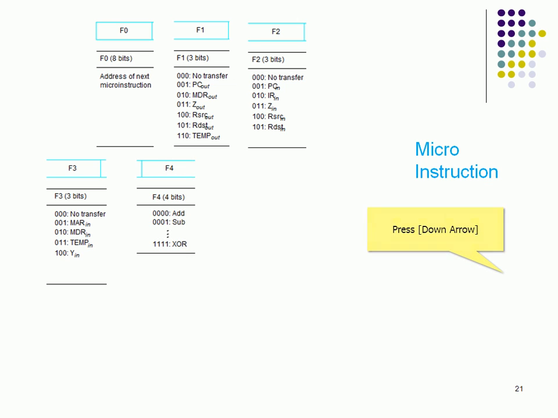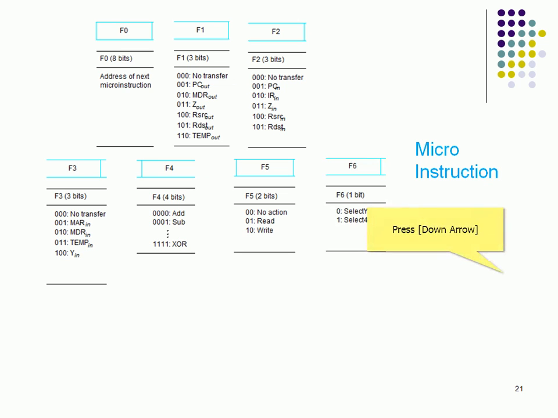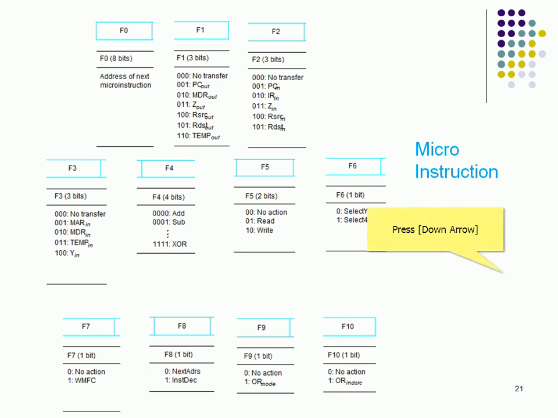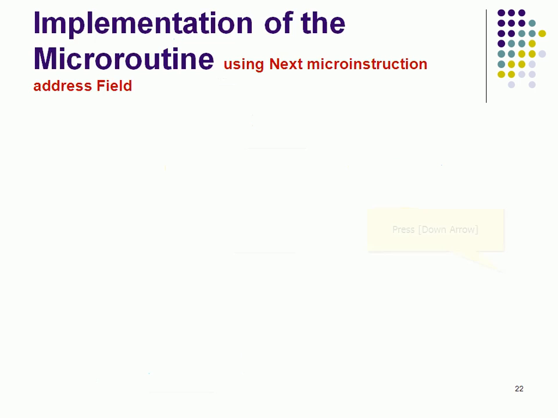Then F4, F5 2 bits, and F6 1 bit. F7 1 bit: wait for memory function, no action. F8 is the next address instruction decrement, F9 is 1 bit, no action or R mode, and F10 is 1 bit, no action or indirect.